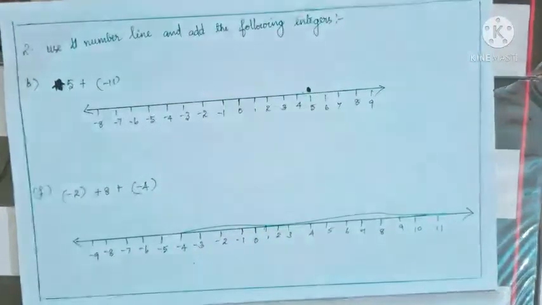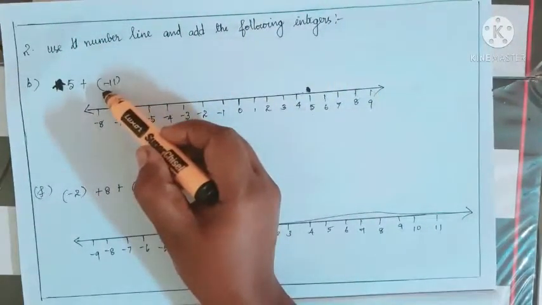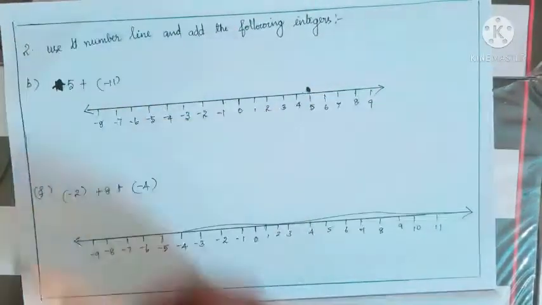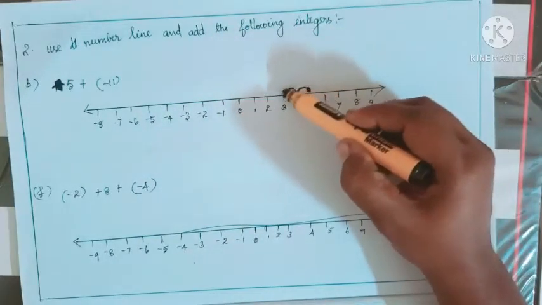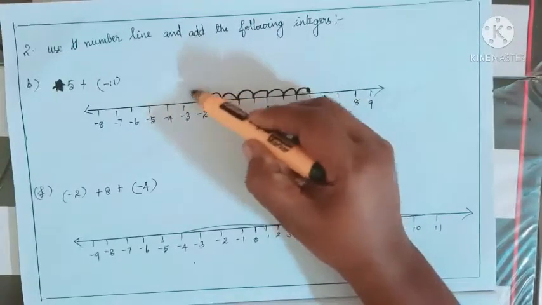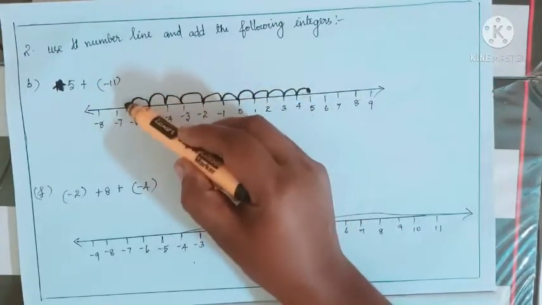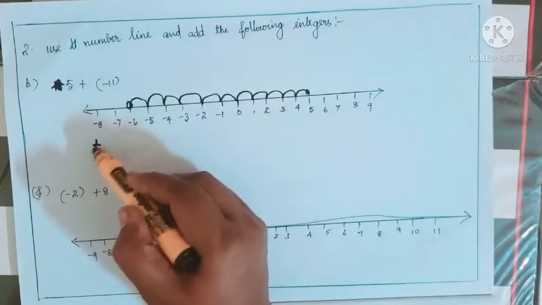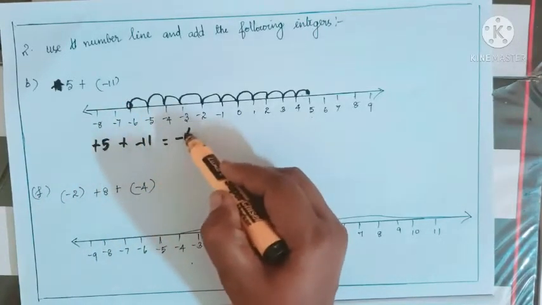From this, here it is a negative integer, minus 11, so you move 11 steps towards that side. You can count from here: 1, 2, 3, 4, 5, 6, 7, 8, 9, 10, 11. So you stand at what? Minus 6. So plus 5 plus minus 11 is equal to minus 6.